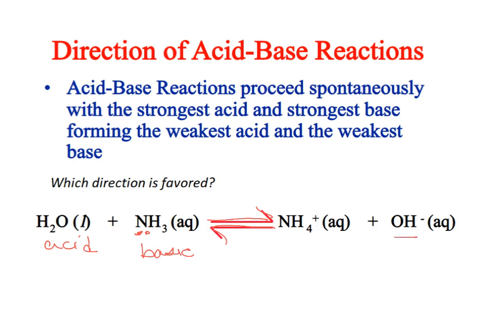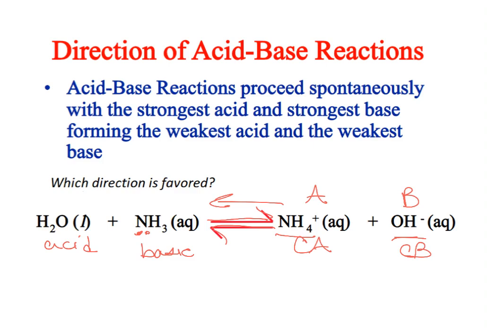And so hydroxide would be the conjugate base, and the ammonium ion would be the conjugate acid. So in the reverse reaction, if we were to go in this direction, and NH4+ and OH- were our reactants, then NH4+ would be the acid, right? Hydroxide would be the base.